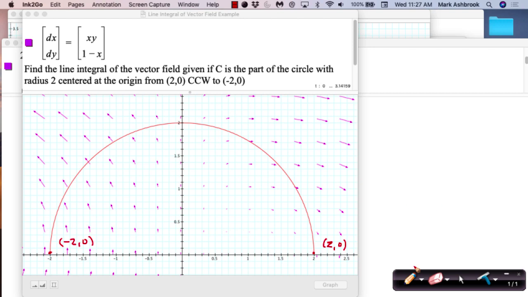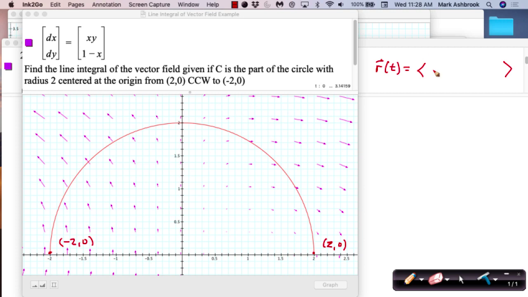And so here we've got to set up our own parameterization. The curve is not given. So what's the natural parameterization for this curve? Yeah, use cosine for x and sine for y.